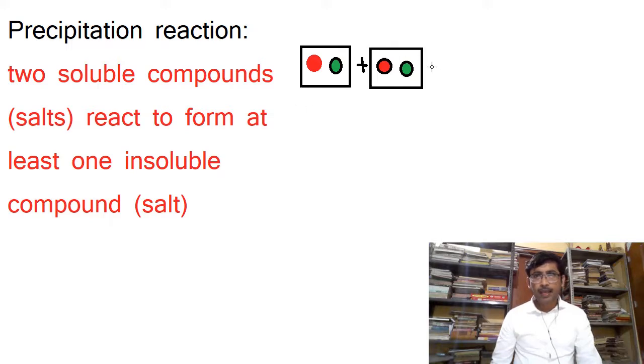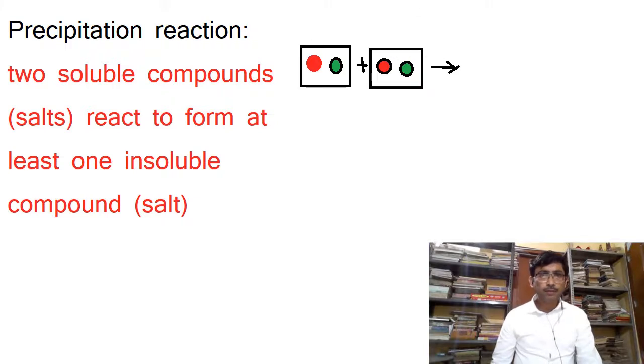Okay, and they are forming, say, two new compounds by mutual exchange of ions, that we have seen in the earlier video. It is called a double displacement reaction.